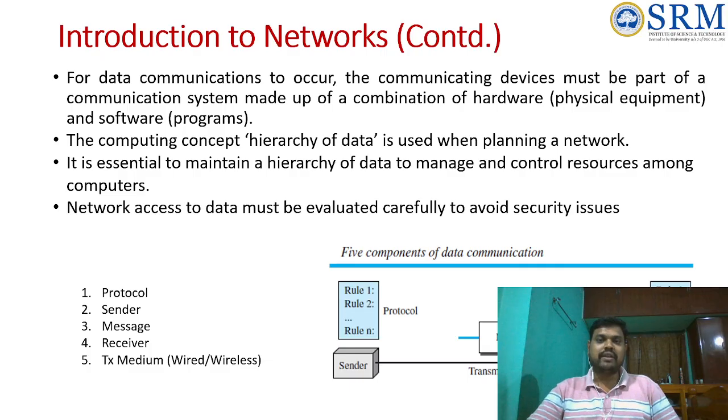One is a sender, another is a receiver, and the third is the medium, which connects the sender and receiver. If a person is speaking and another person is listening to the speech, the person who is speaking is called the sender, and the person who is listening is called the receiver.